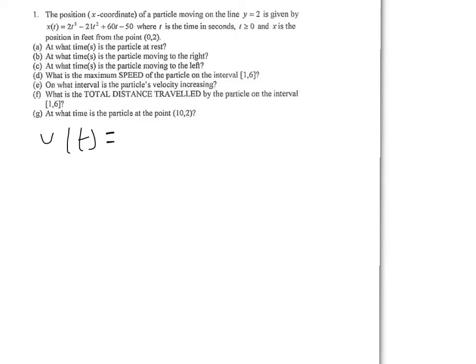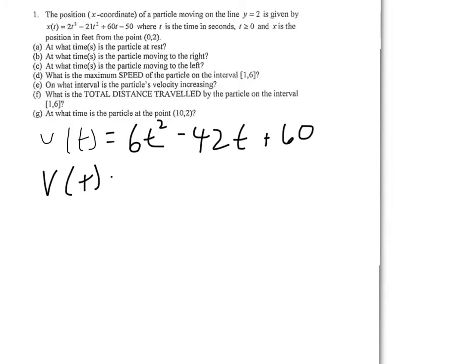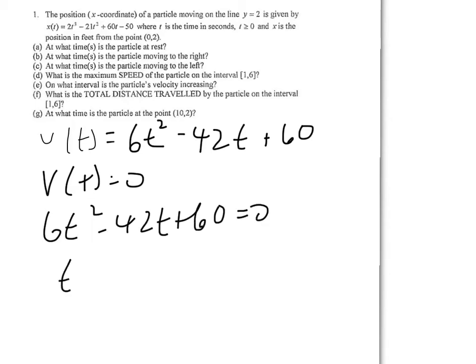And we know v of t is the first derivative, so that's going to be 6t squared minus 42t plus 60. We're going to set the velocity equal to 0. So now we have 6t squared minus 42t plus 60 is equal to 0, leaving you with t squared minus 7t plus 10.